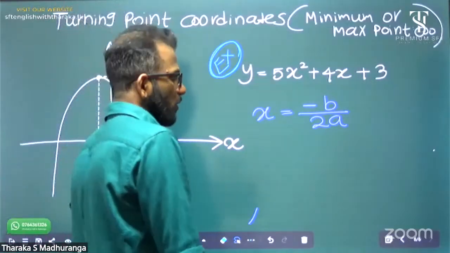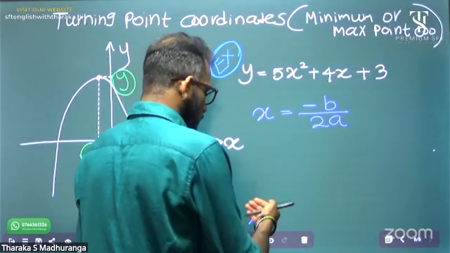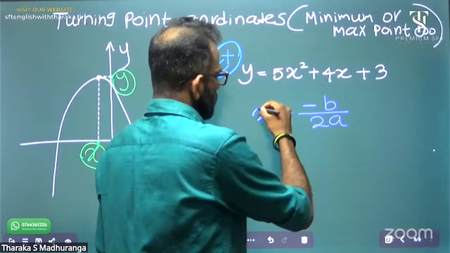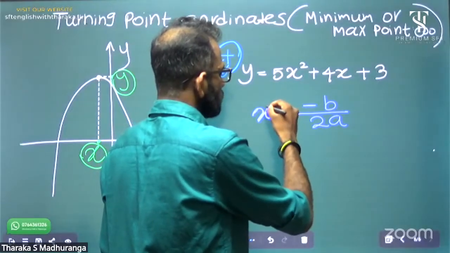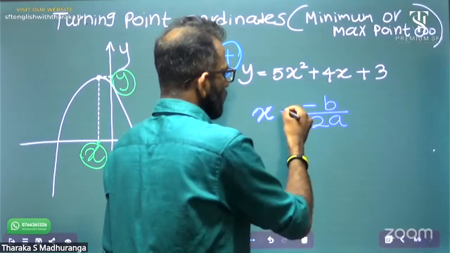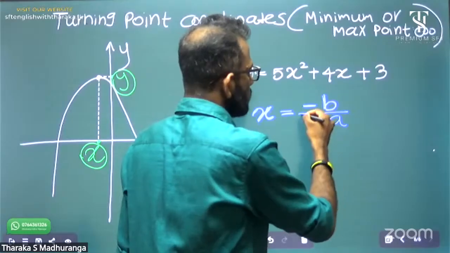Now, this is a very important equation for calculating the x coordinate of the turning point: x equals minus b over 2a.